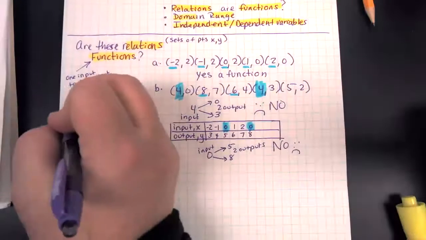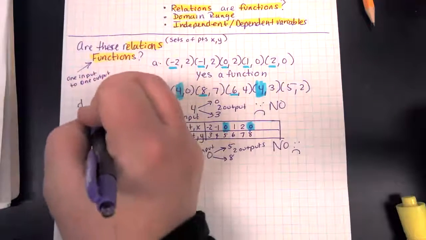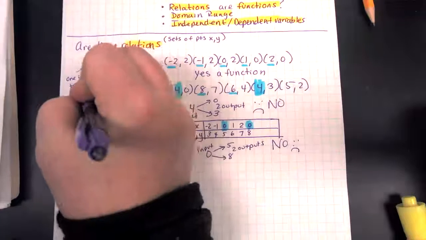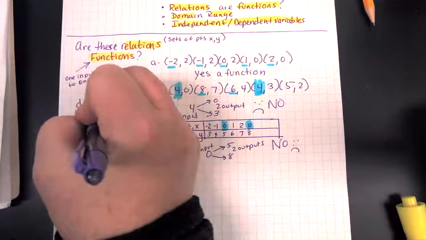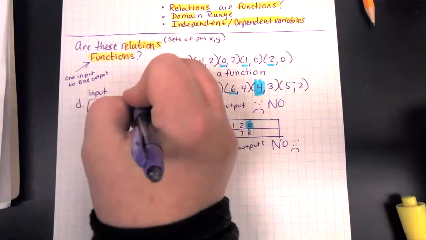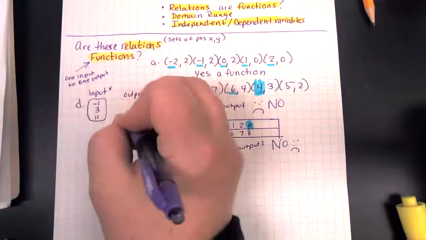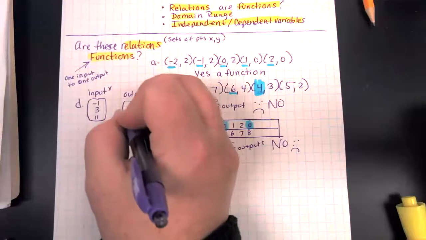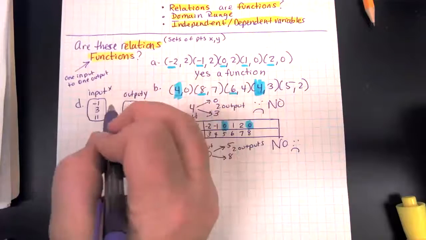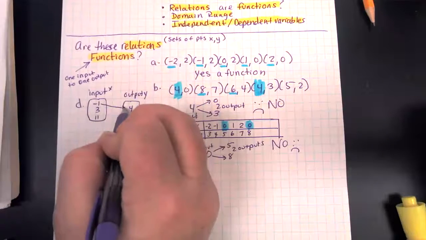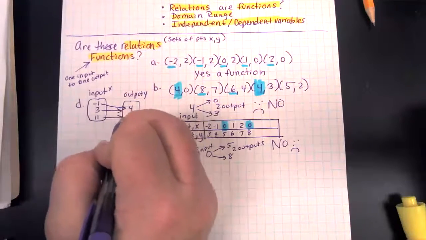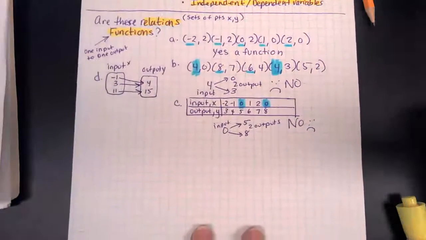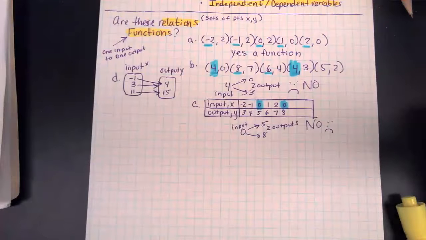Okay, how about I give it to you like a map? These are my inputs. Here are my outputs. Now be careful, because you might say that would be a no because 2 arrows go to 4.